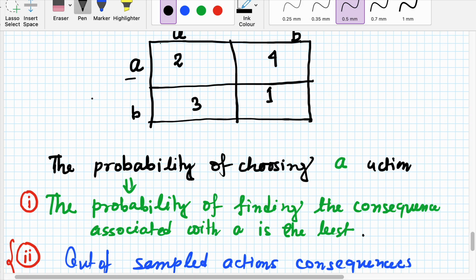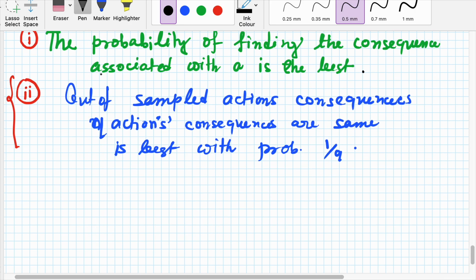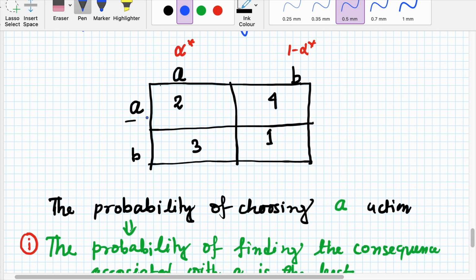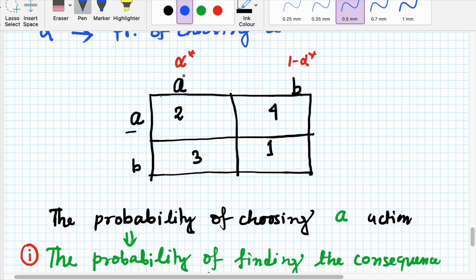She will stick with that strategy, and she does not have to deviate from it. There is no incentive to deviate from the strategy, given that all other players are not changing their strategy. So let me calculate the probability when his opponent is choosing with the sampling equilibrium probability, that means alpha star and 1 minus alpha star.